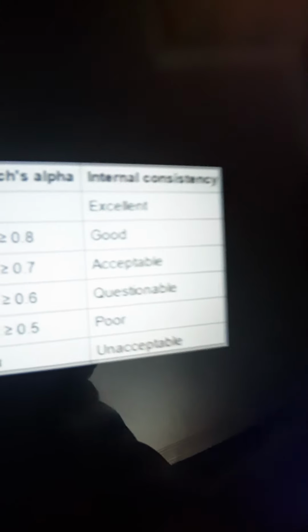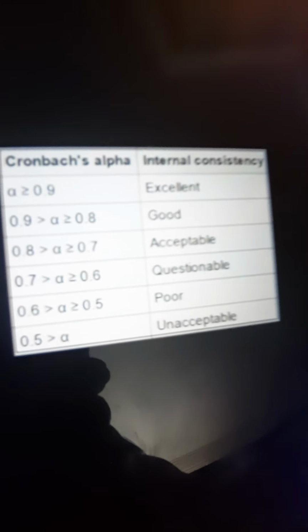Between 0.9 and 0.8 means good. Between 0.8 and 0.7 is acceptable, and between 0.7 and 0.6 it means questionable. Between 0.6 and 0.5 it means poor, and less than 0.5 is unacceptable. Okay, this is from the video.